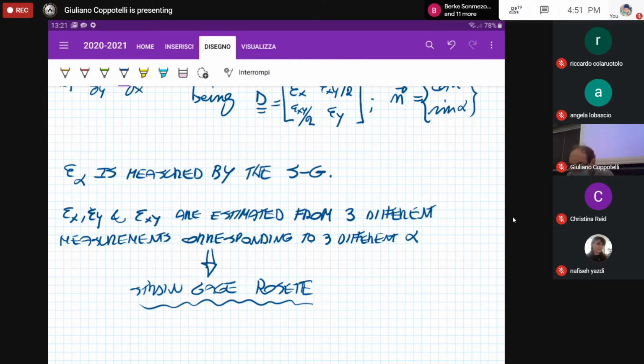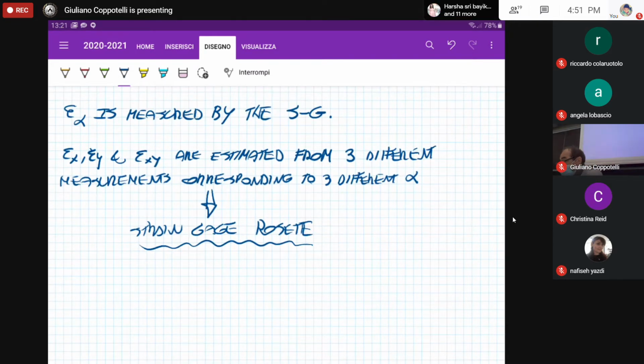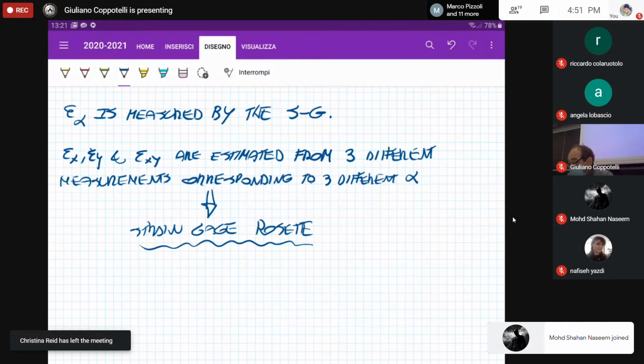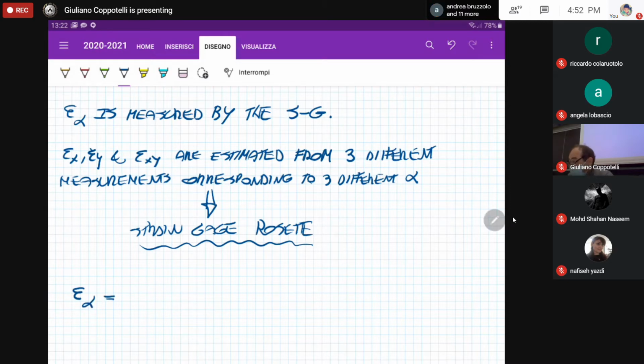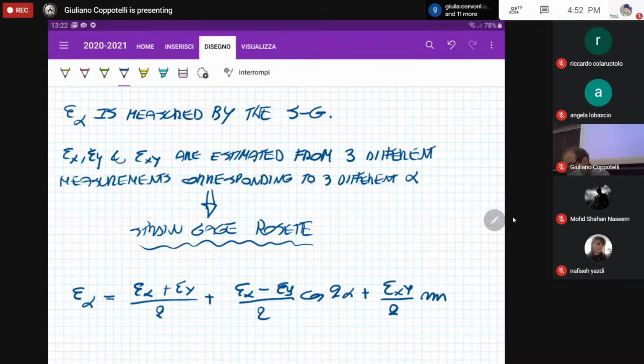Okay, having said that, we now would like to have some more information concerning the strain in whatever orientation angle. Now let's assume to rewrite your epsilon alpha in a different way, but it doesn't matter. It is just a matter of fancy things. So we can rewrite that as (epsilon x plus epsilon y)/2 plus (epsilon x minus epsilon y)/2 cosine 2 alpha, and then plus the shear strain like that, sine 2 alpha.